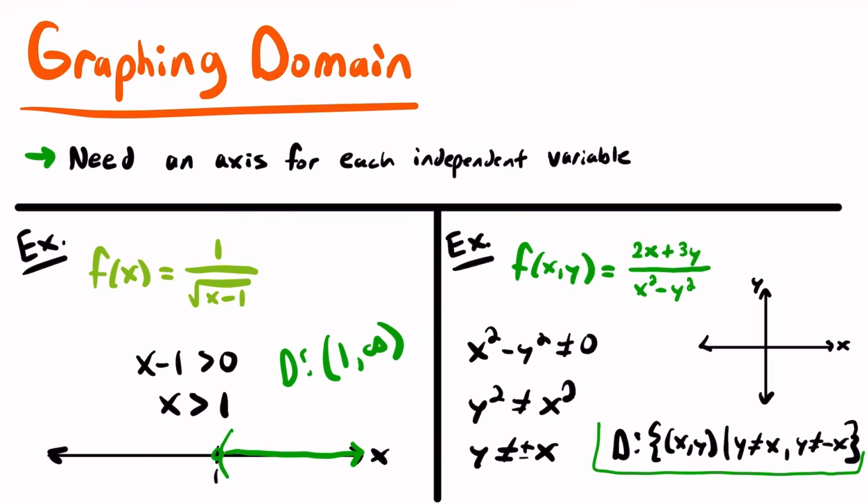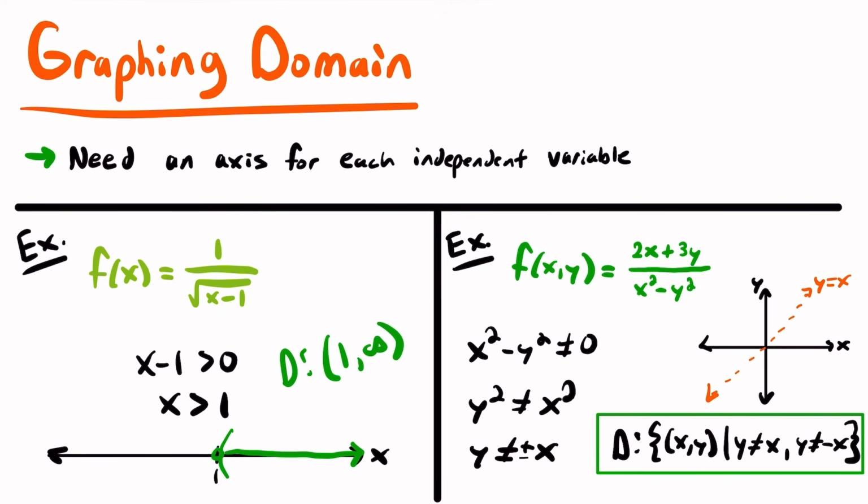But if we're going to graph that domain, what we're saying is that we can use any values of x and y as long as y doesn't equal x and y doesn't equal negative x, which we could represent with two lines, right? We can graph y equals x and y equals negative x and just not include those lines in the domain. So here's how I do that. Y equals x is just a line that cuts through the origin of the xy plane that has a slope of 1, right? This would be y equals x.